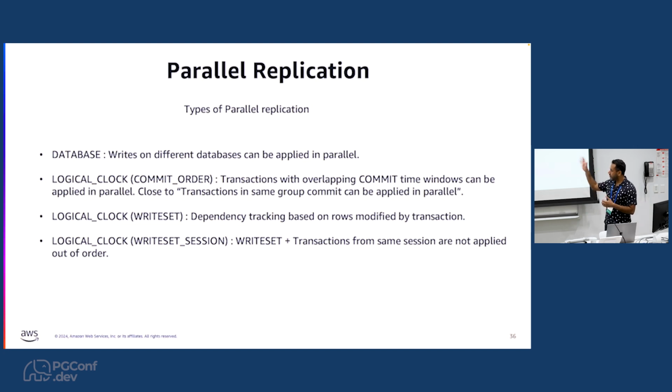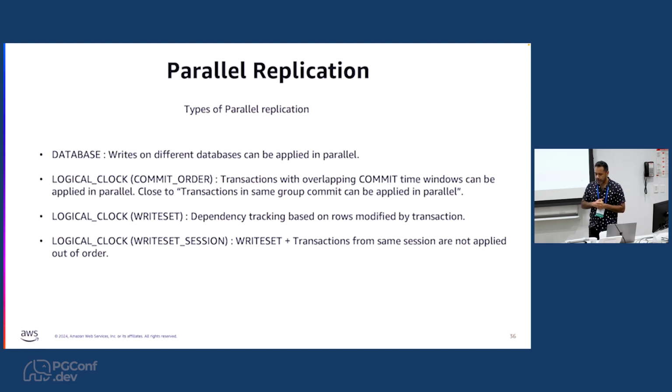So this is a cool way to apply transactions in parallel, but it's actually not very useful in the real world. Because in production databases, we usually have 4 or 5 tables that are very busy instead of distinct databases. So that's where the commit order parallel apply comes in.